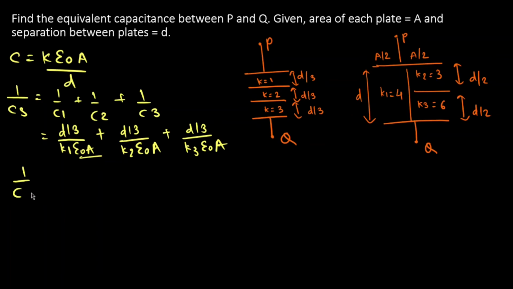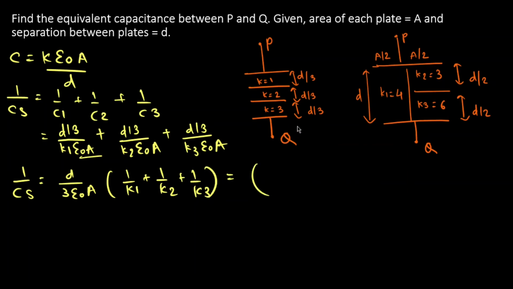So 1 by Cs will be equal to D by 3 epsilon naught A into 1 by K1 plus 1 by K2 plus 1 by K3. The values of K1, K2 and K3 are 1, 3 and 6.